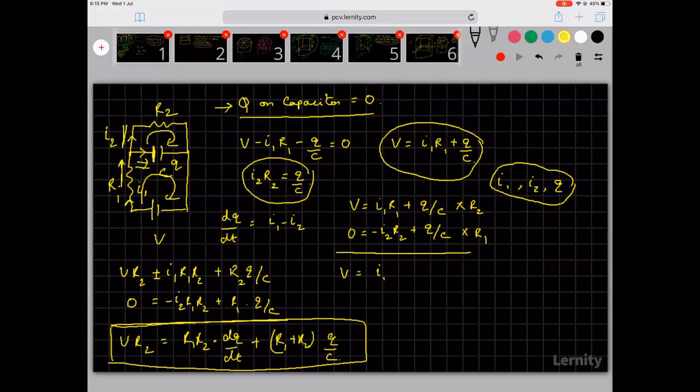Now I will try to teach you how to find the solution for such an equation.